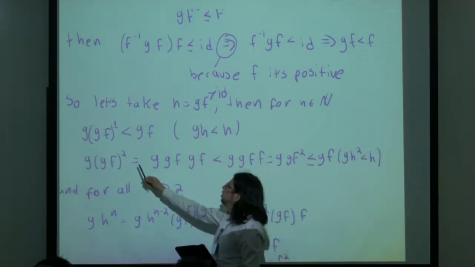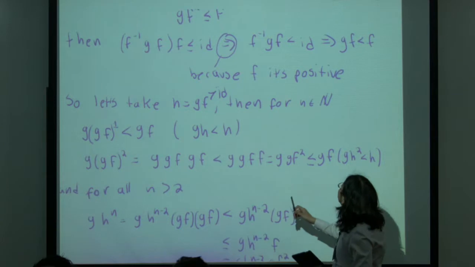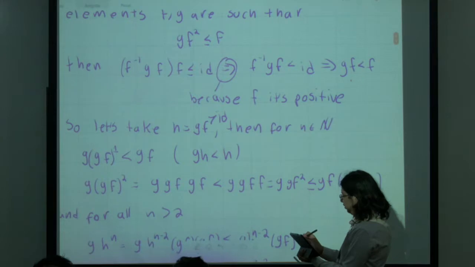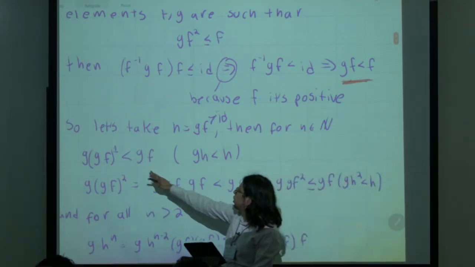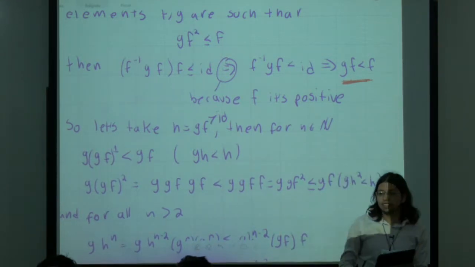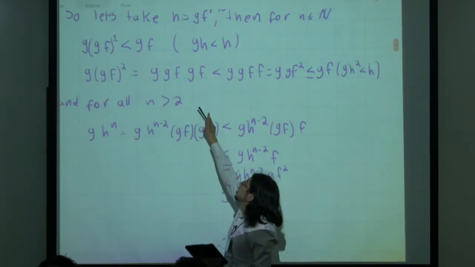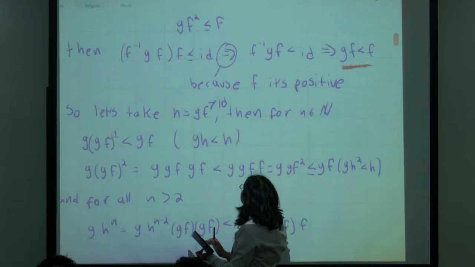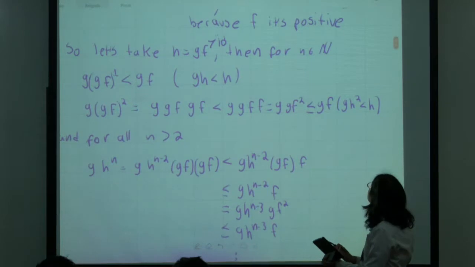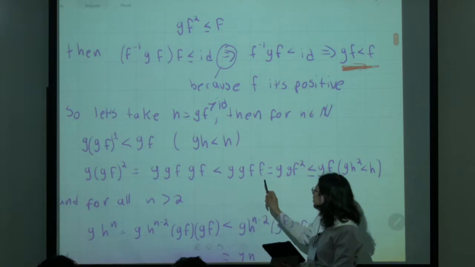If we take the exponent 1 of this, by the left invariance and this inequality, this must happen, and this is rewritten like this, right? And for 2, we have this expression. Also, I can use this inequality in this step, right?